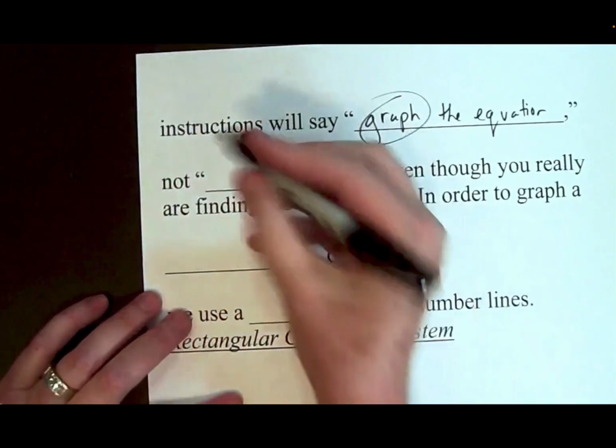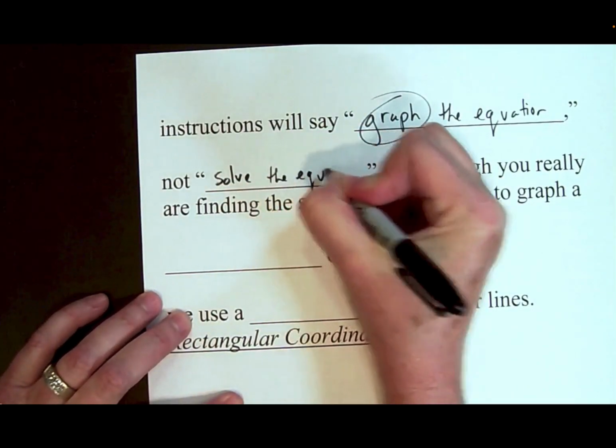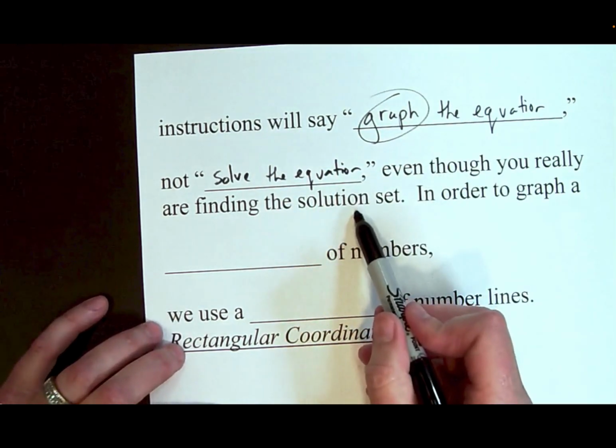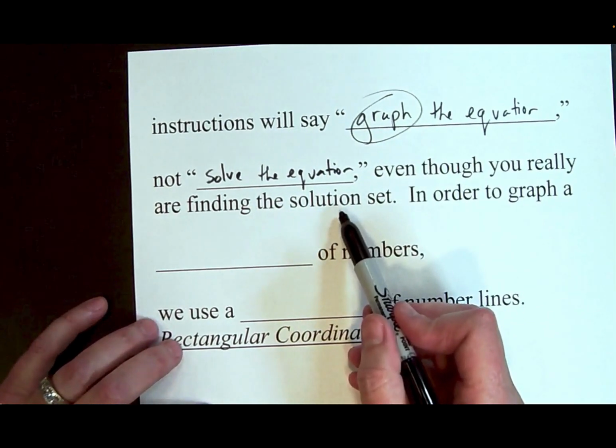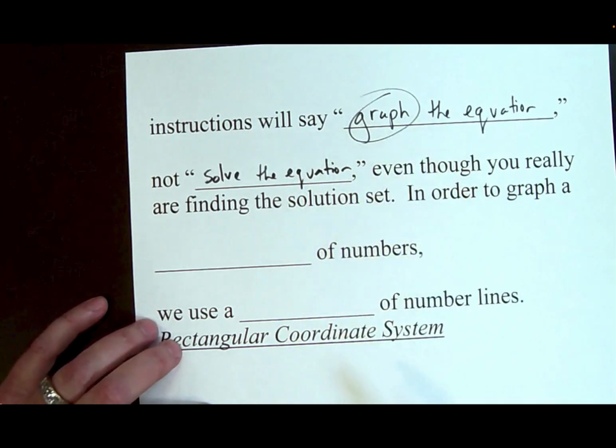They're not going to say solve the equation, even though that is what you're doing. You're really finding a solution set and making a picture of the solution set. But the word that we use for that is graphing.